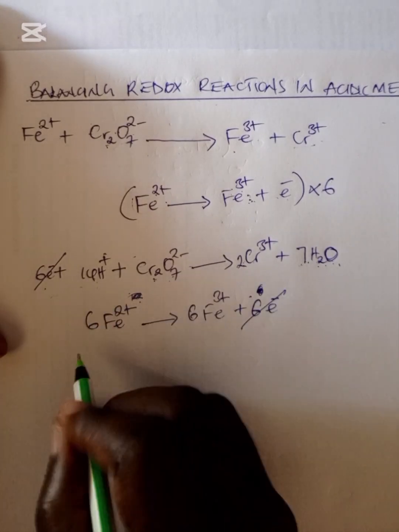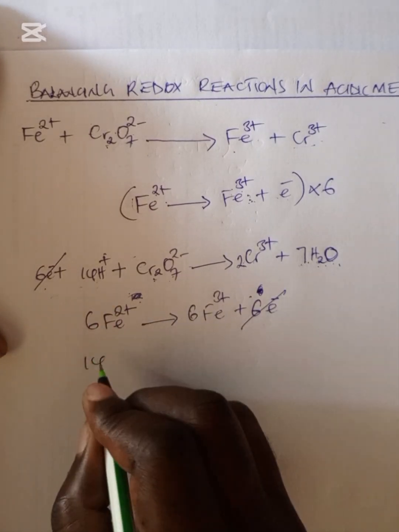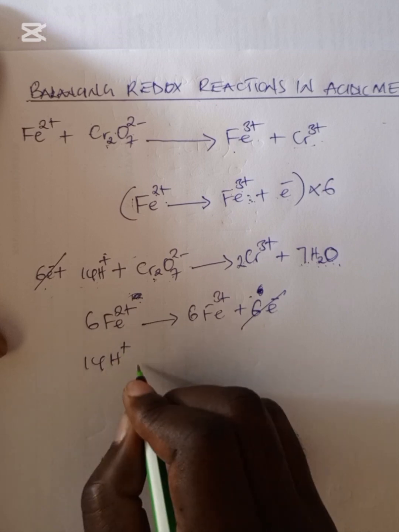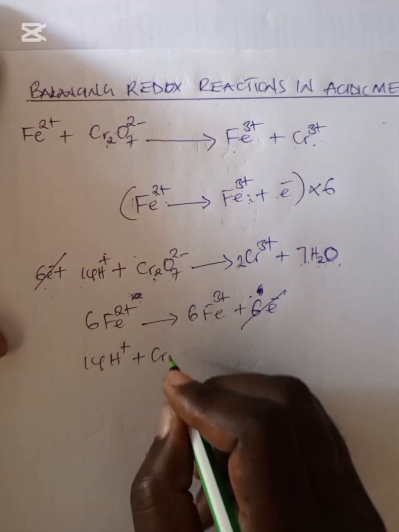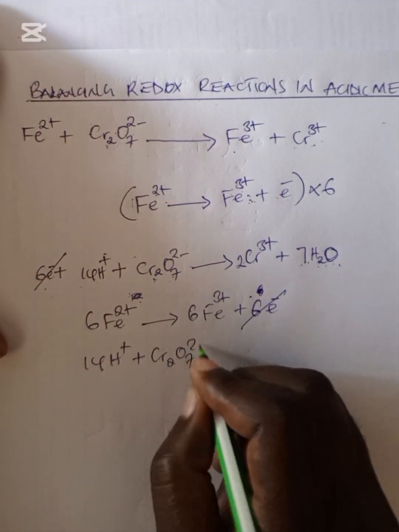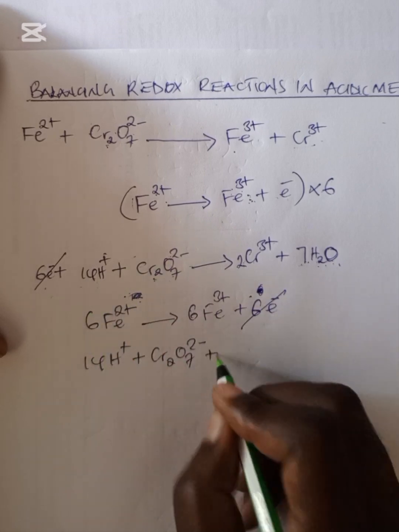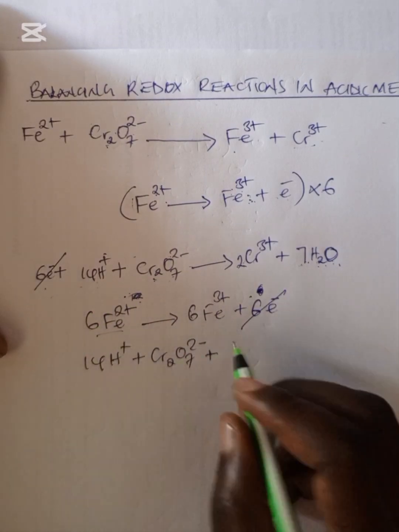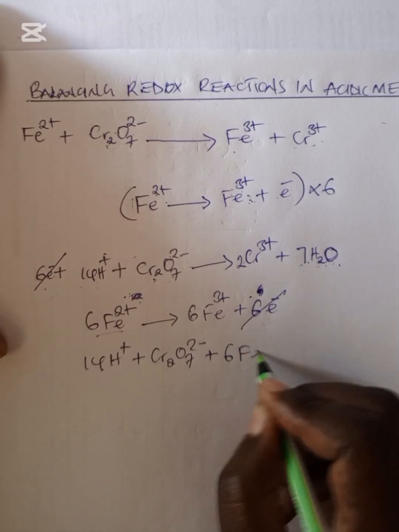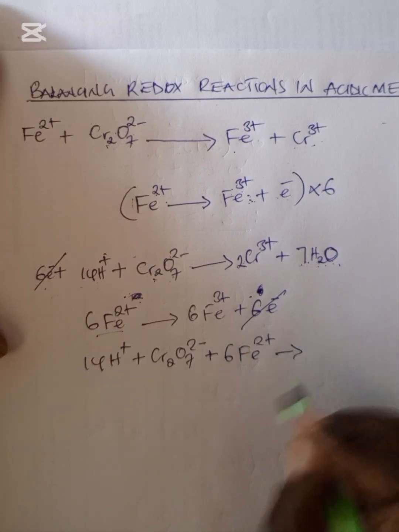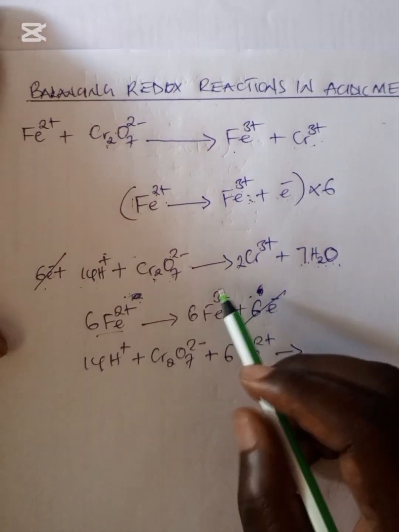So we're going to have 14 hydrogen ions plus chromium dichromate, Cr2O7 2 minus. Now you put the reactants together, plus you also come to this one here, 6 iron 2 plus. Then your arrow.